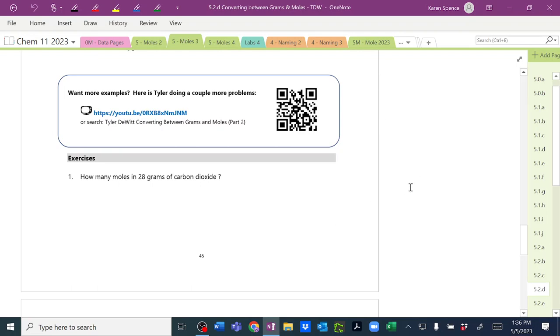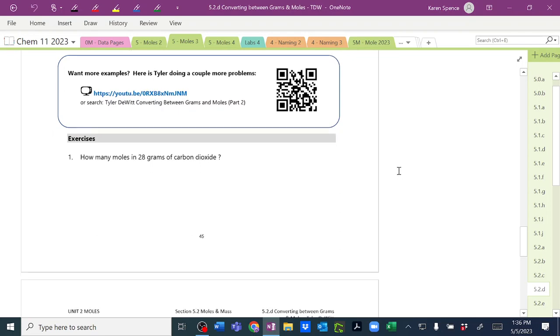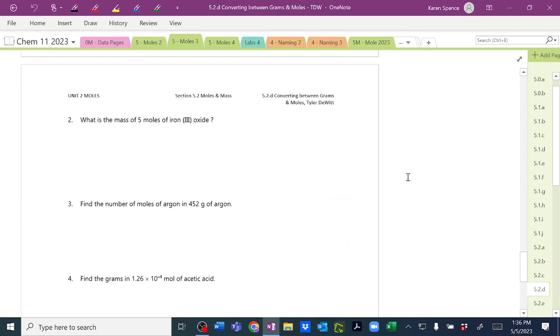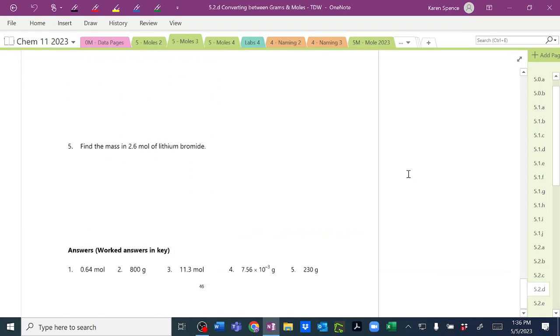But if you're feeling good and you're like, I know how to use a molar mass to convert, I'm good with that, thank you very much, you could just go ahead and do pages 45 to 46, numbers 1 through 4.